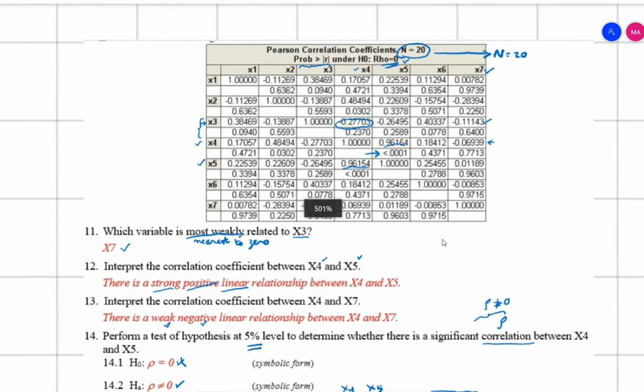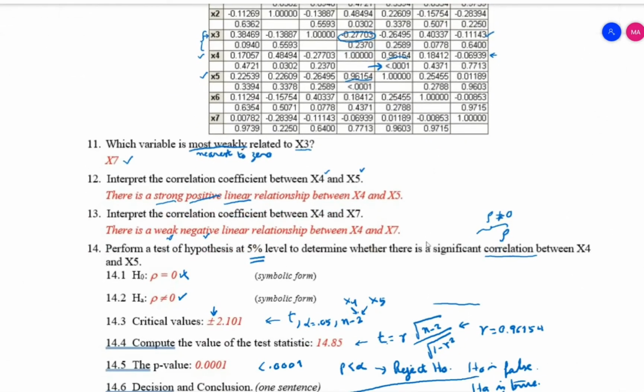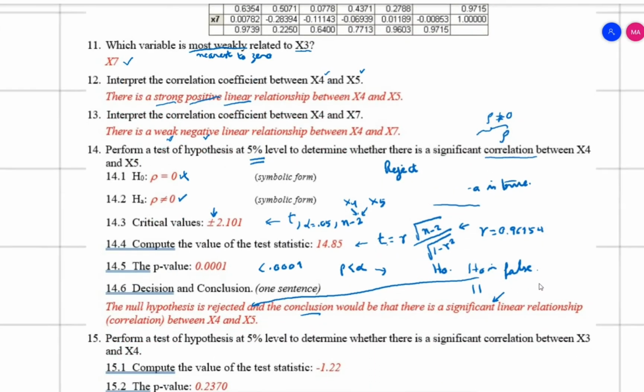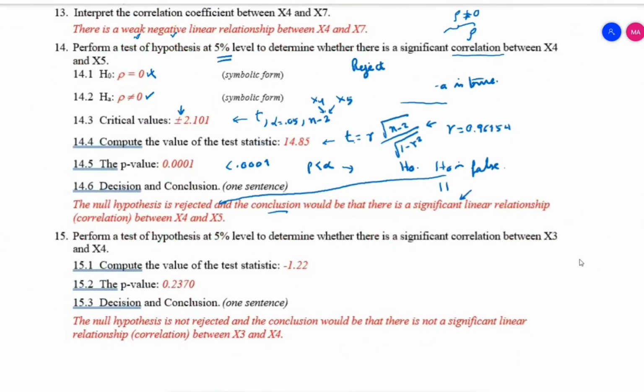Weak. So H3 and H4, testing again. Significant correlation, two-tail test. Significant correlation means rho is not zero.